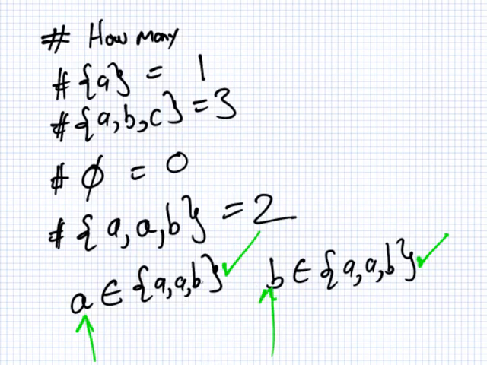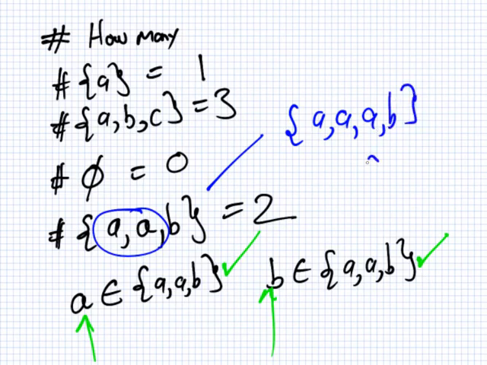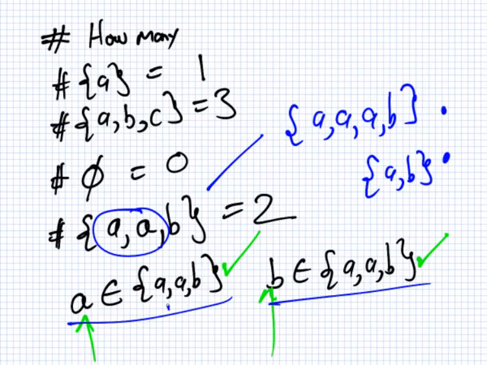So in other words, you don't care that it's twice. I mean, that is the same thing as {A, B}. Because both of these sets make the same statements: A is a member and B is a member. It is true for all of these, so it means they're all the same.